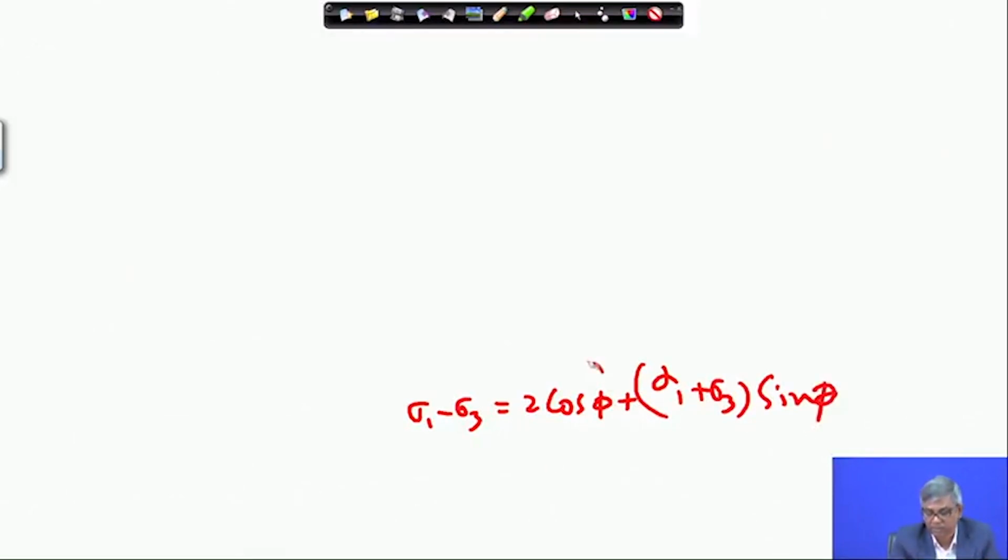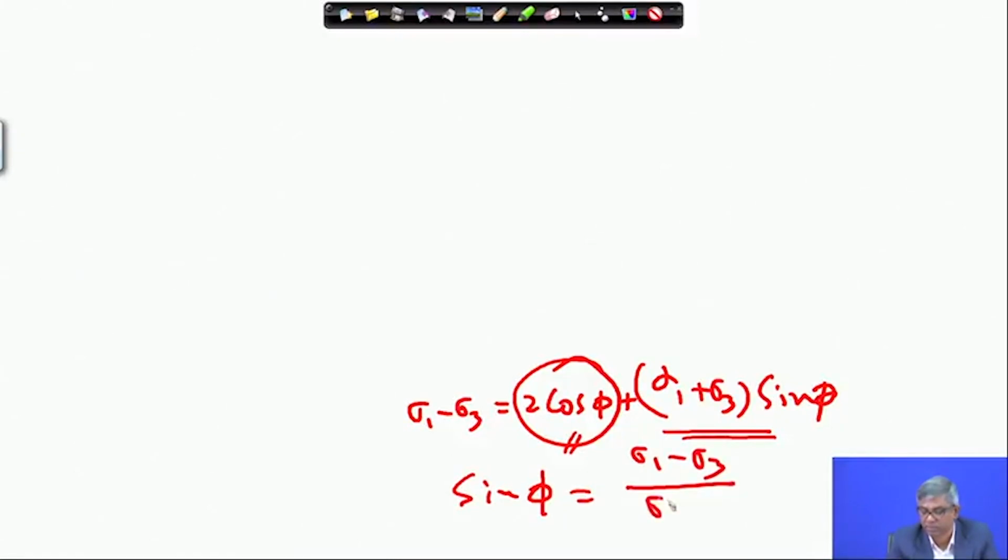Here the C component is 0, since a normally consolidated drained test is mentioned. So, sin phi will be equal to sigma 1 minus sigma 3 by sigma 1 plus sigma 3.